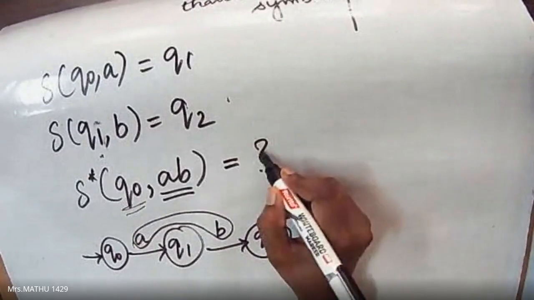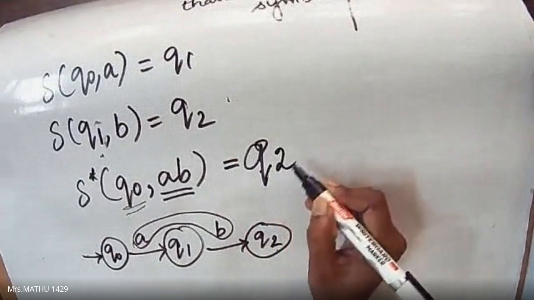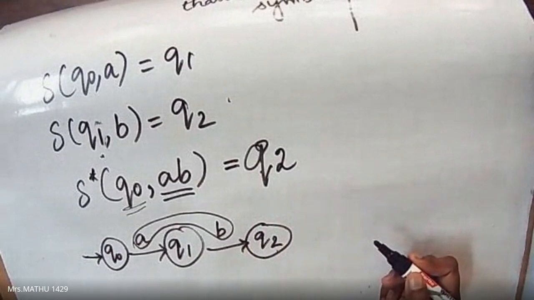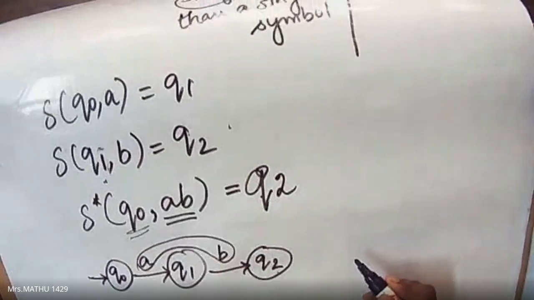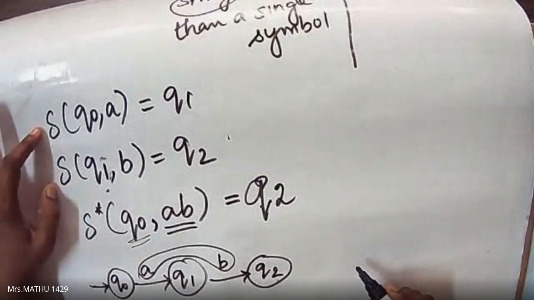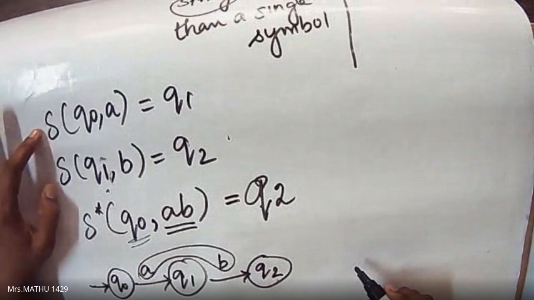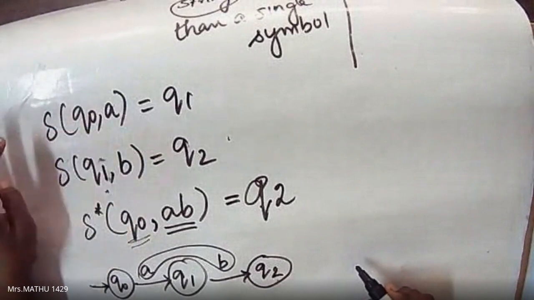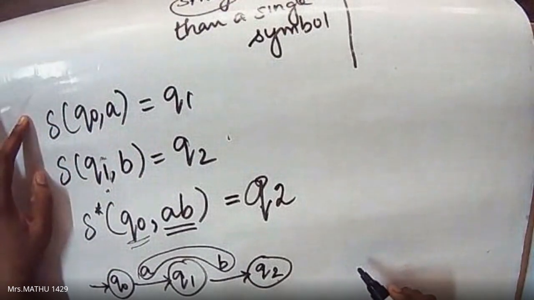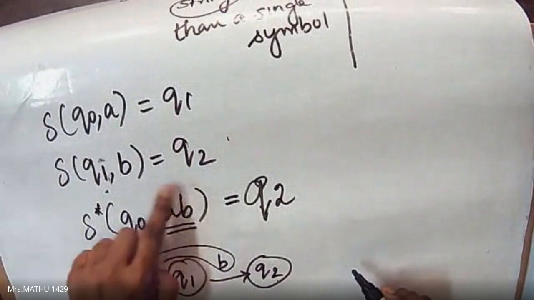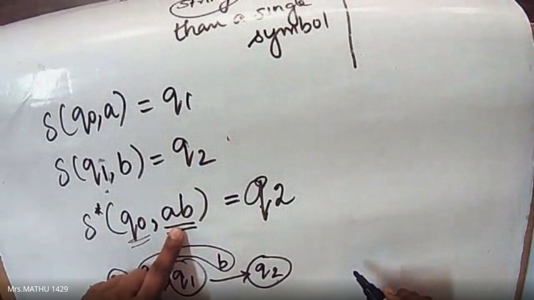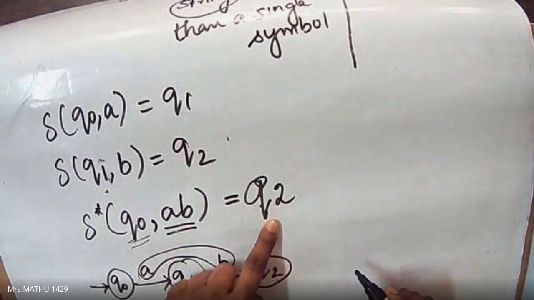This is what we are trying to find in the extended transition function. We have transition functions for individual input symbols, but when a string is given, after reading the entire input string, what would be the output state?